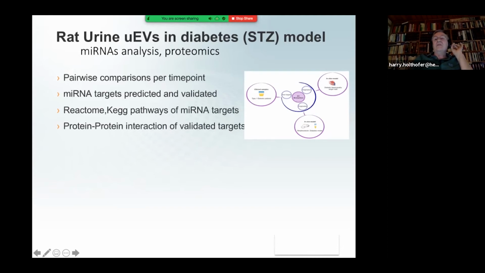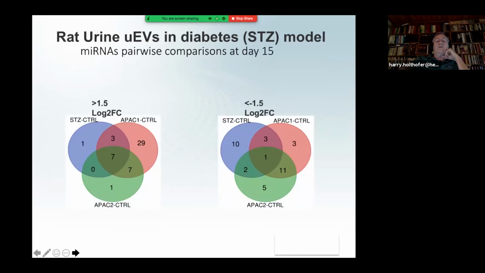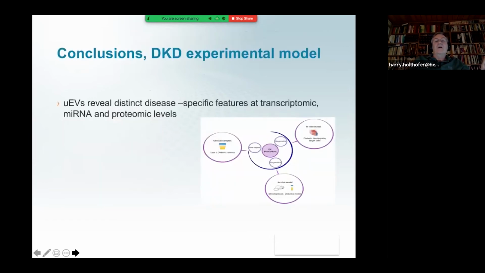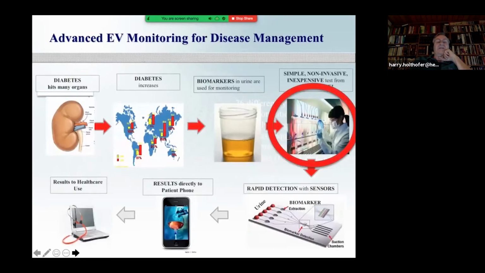There is good agreement between the results and pathways identified in all these settings, and that means that target cells are becoming more and more important in the future for analysis. This is just going deeper into the rat models, rat urine models, and what we can find out there, so that we can really confirm results in these different settings.